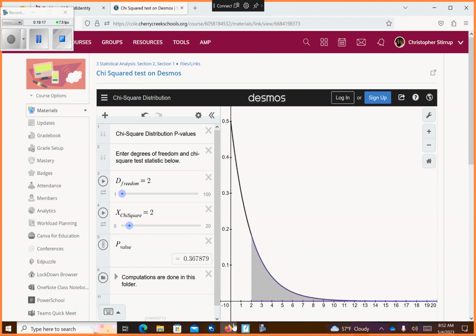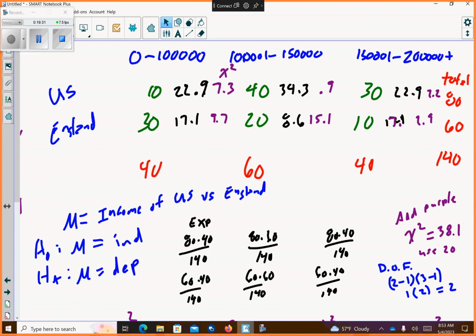And then chi-squared 20. All right, so that comes out to like 0.0045. Is that pretty close to 0? Okay, so we would be safe to say on this that our p-value is close to 0.